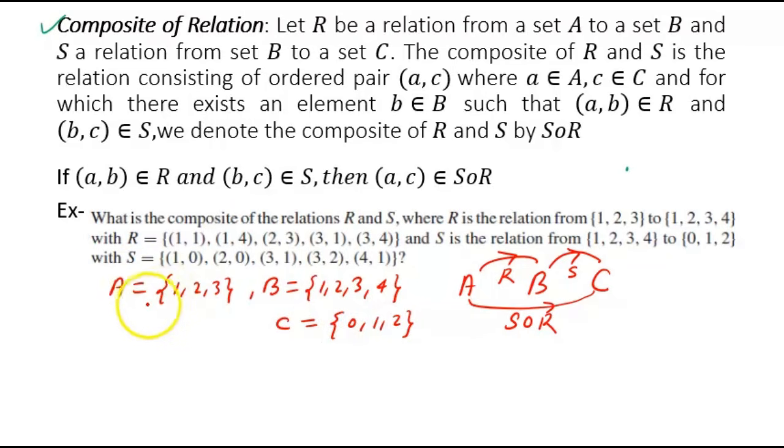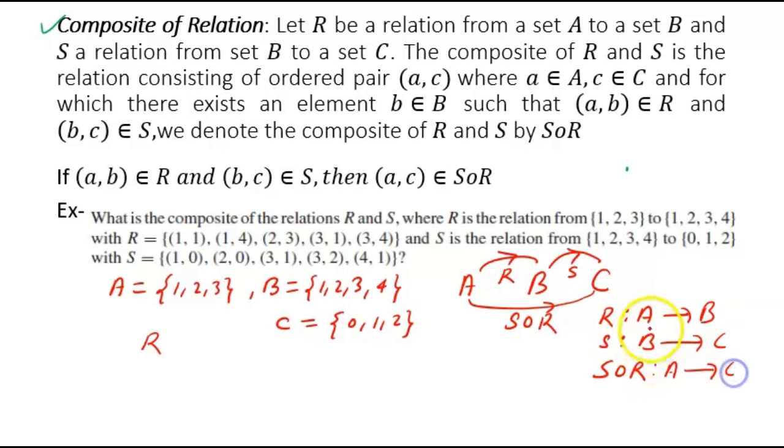A relation R is defined from A to B, and the relation S is defined from B to C. So this composition, S composition R, will be defined from A to C. That you should be clear about.